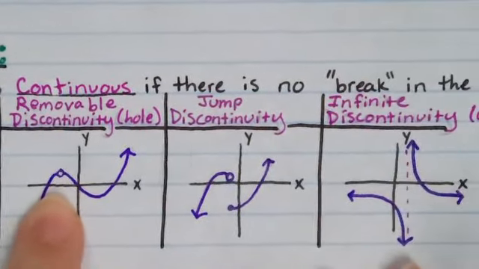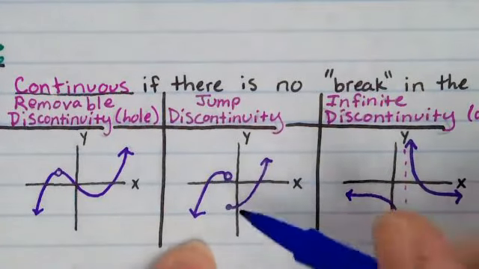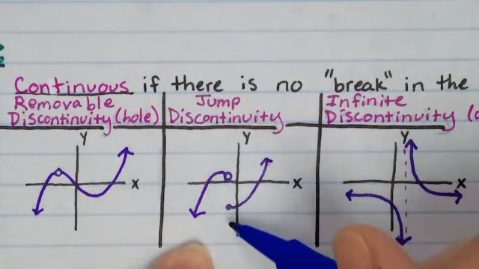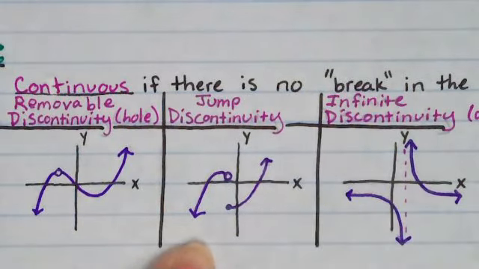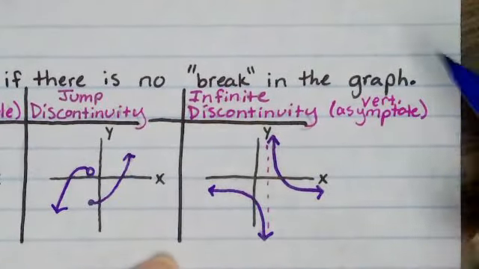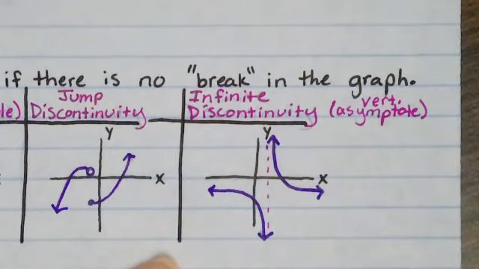Okay, now jump discontinuity is where you have this function and then it appears to jump to a different location and then start going from there. So that's jump discontinuity. And then infinite discontinuity means that we have an asymptote.